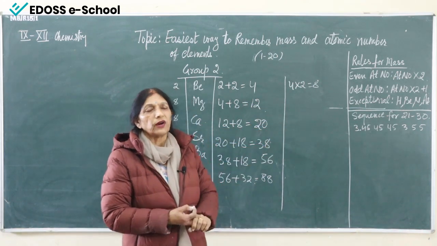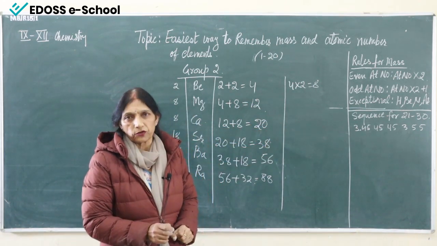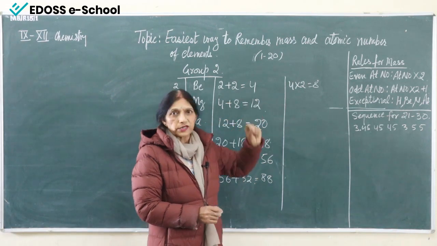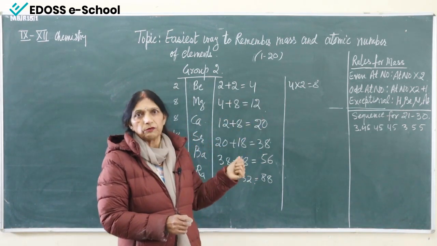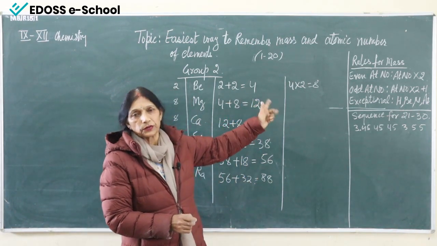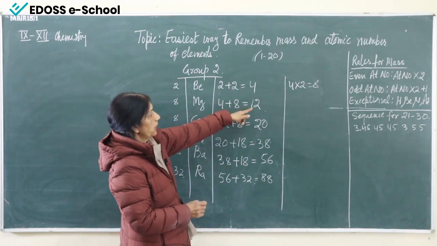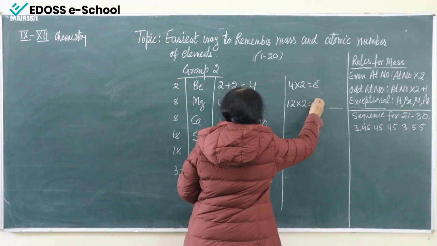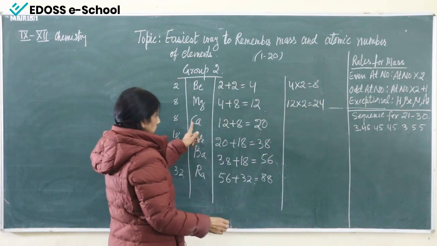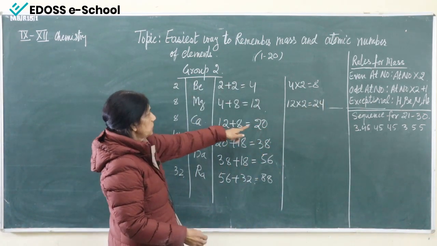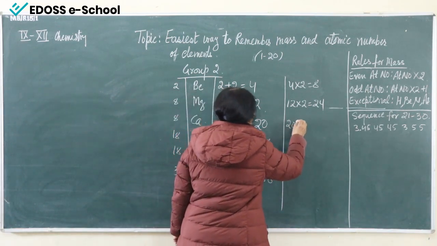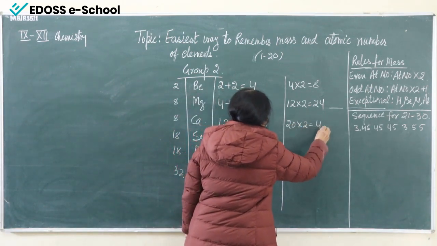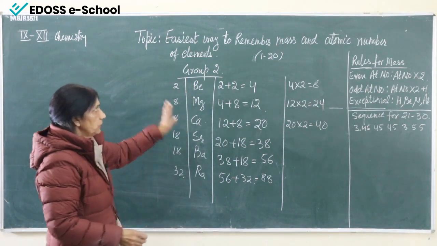In the book you can find some decimal places also, so this is not exact because we are taking whole numbers. So magnesium will be 12, 12 into 2 equals 24. And calcium, this is 20, so 20 into 2 is 40. So this is group 2.